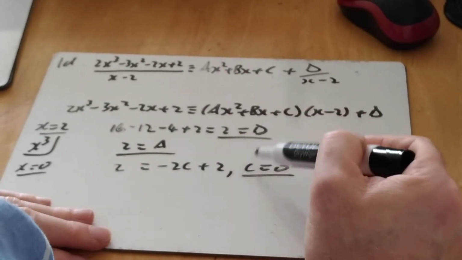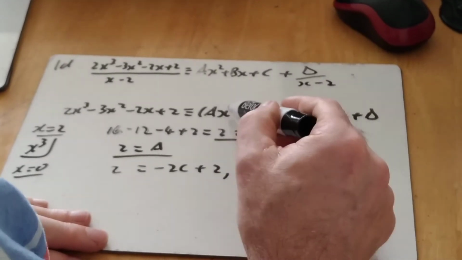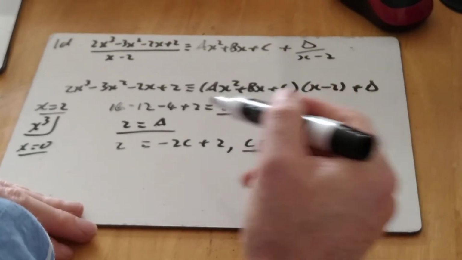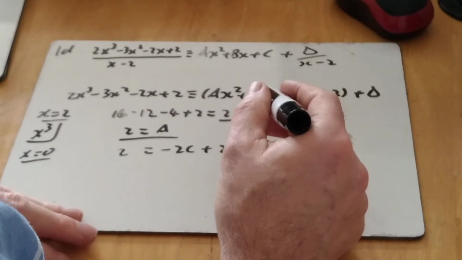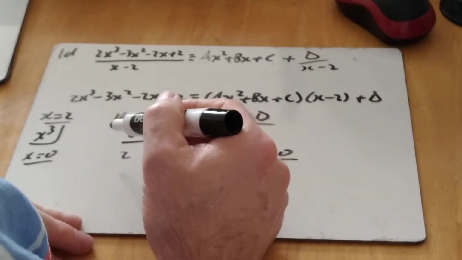It could be, as we found here, that some of these b and c terms could be 0, but a can't. I need to have a quadratic expression there. And the last one, to find b, I can either stick in another value of x or match up another coefficient.